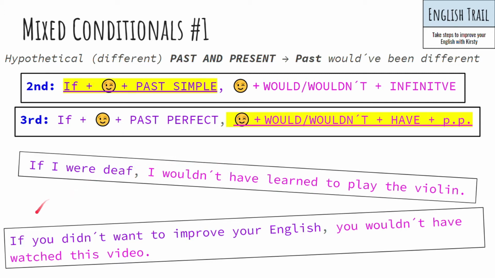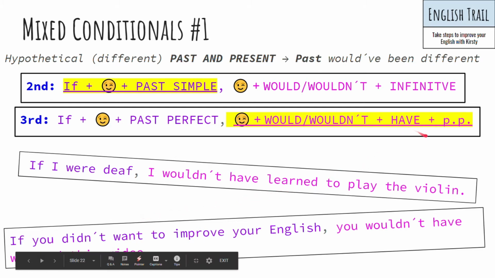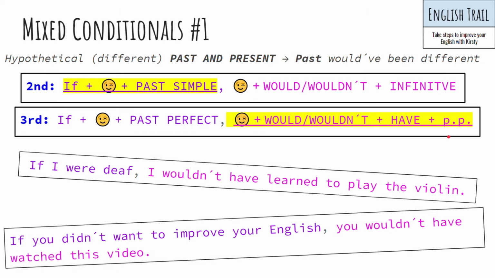Similarly, if you didn't want to improve your English, you wouldn't have watched this video. Now, I'm assuming that you want to improve your English, and you also wanted to improve your English when you clicked on this video.